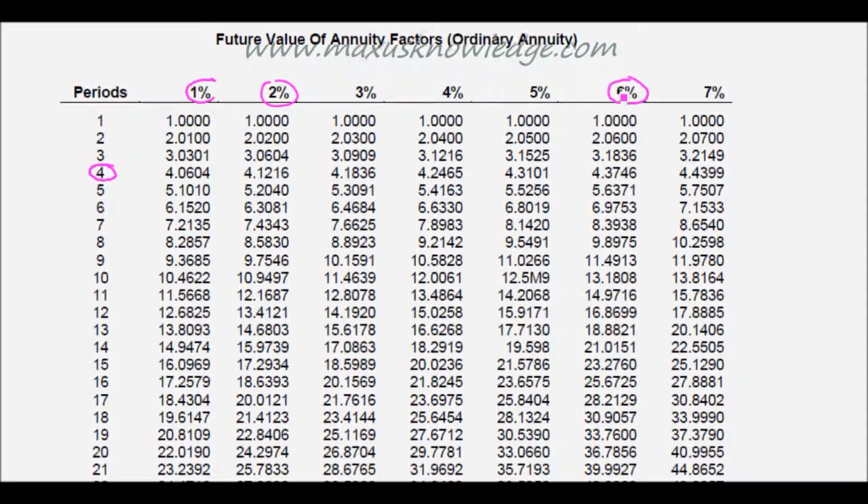Now we have to find the value at the intersection of these two values, which is this value here. So the compound value factor in our case is 4.3746.